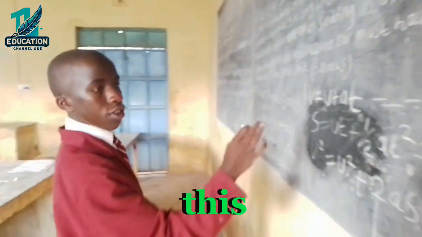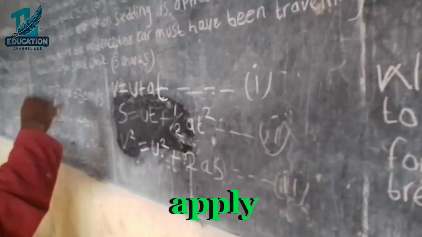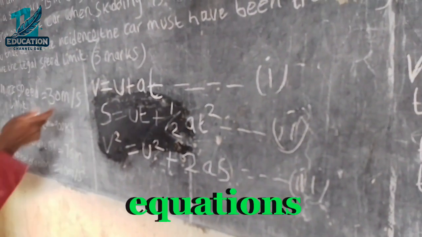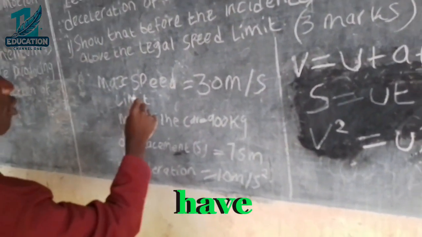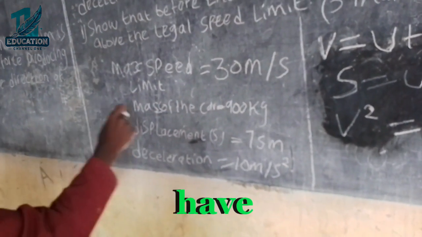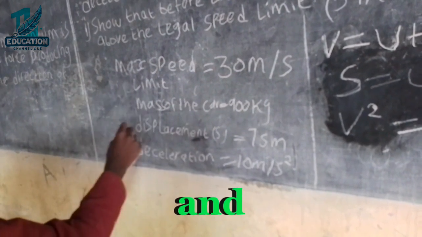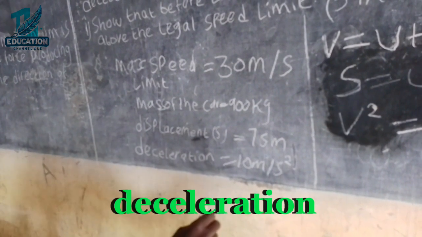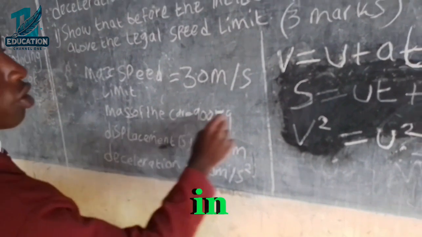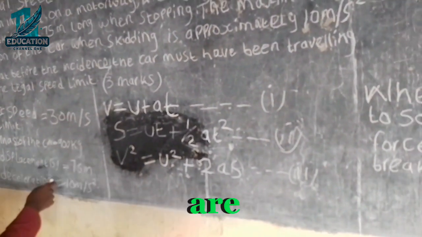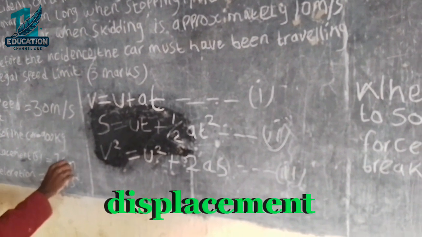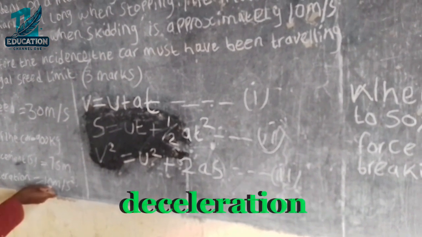So, we are going to apply one of the equations in solving the problem. In our question, we have the maximum speed limit, we have the mass of the car, and we have the displacement and the deceleration. So, in solving the question Roman 1, we are going to use the displacement and the deceleration.